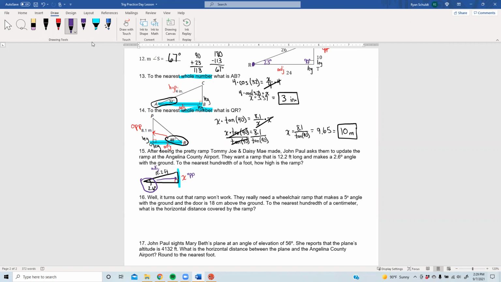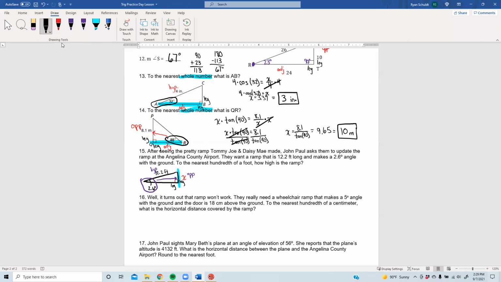No. Opposite, yes, but not adjacent. Why did I say that? I said that because I didn't label my legs. That's not even a leg up there. That's our hypotenuse. That's why you need to label your legs, because you can make mistakes like that. Hypotenuse.